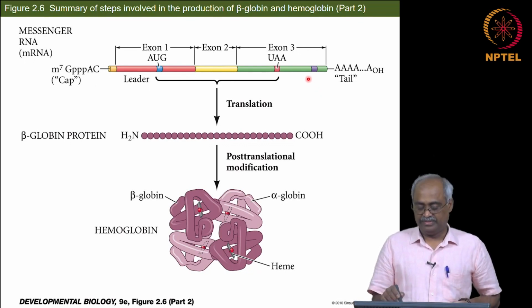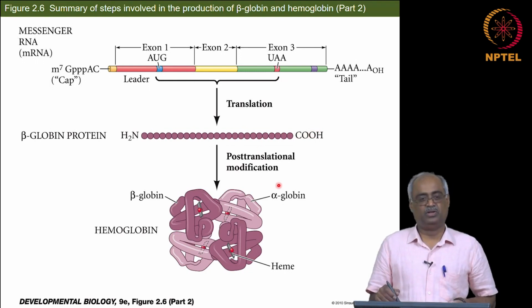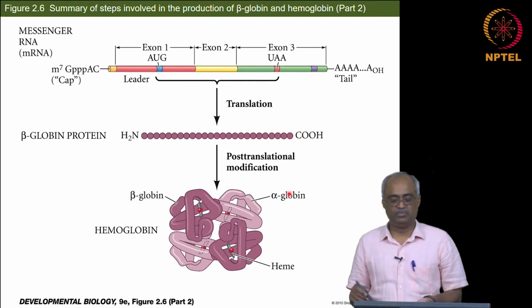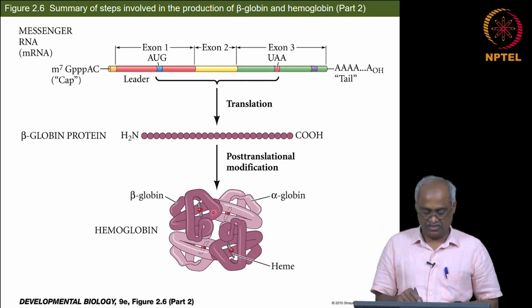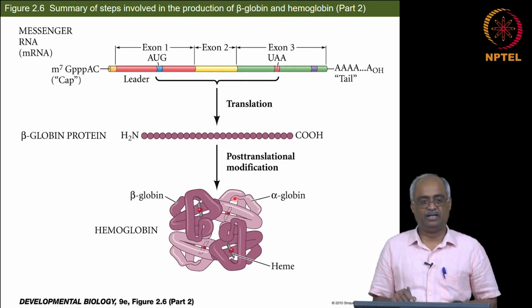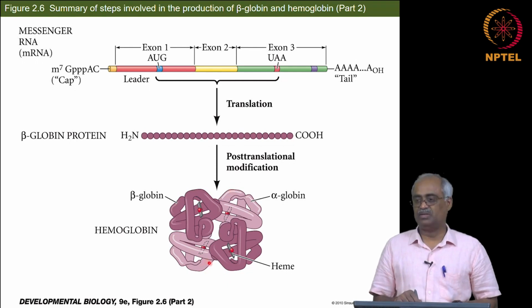So this comes into the cytoplasm where it gets translated, then you have the protein chain and then that has to undergo two things, one proper folding to the native conformation and also post-translational modification. So here for example this prosthetic group gets added, subunits of, this is a 4 subunit protein, it is a heterodimer.